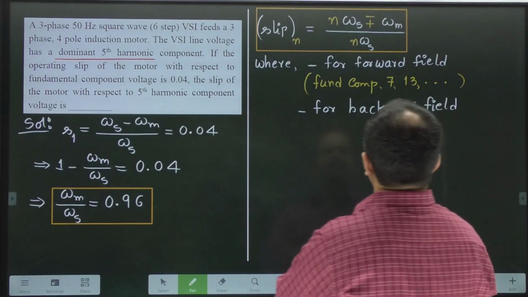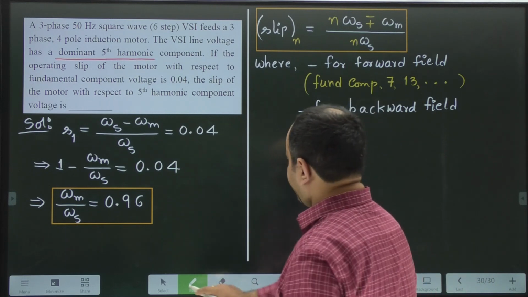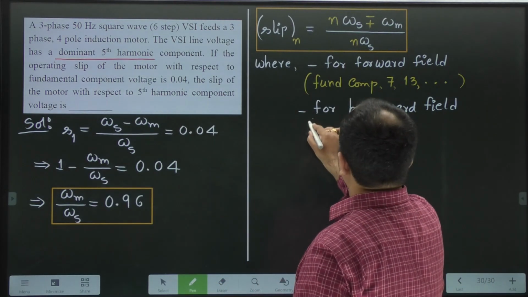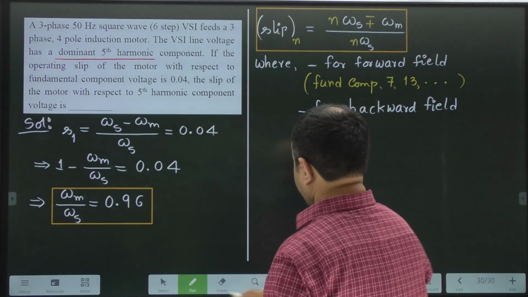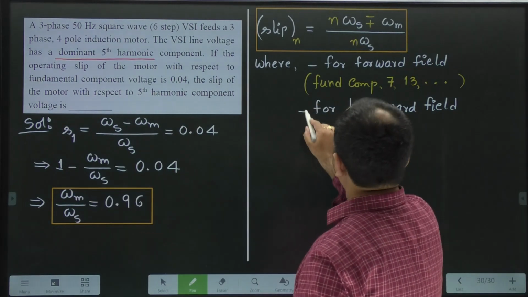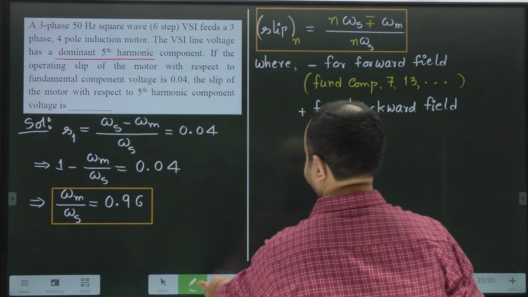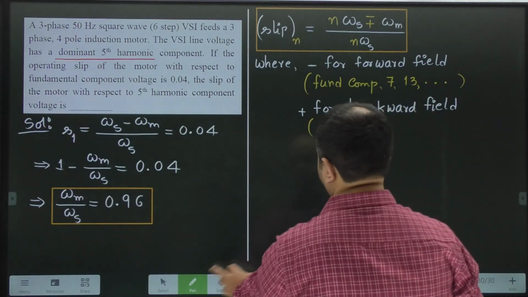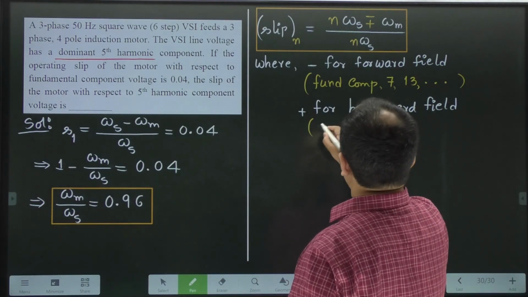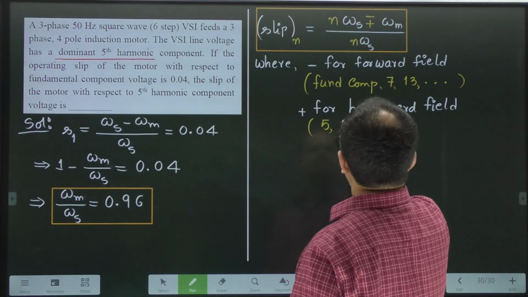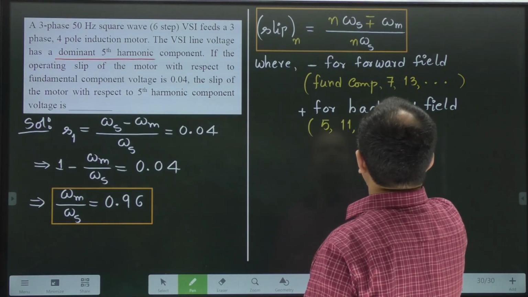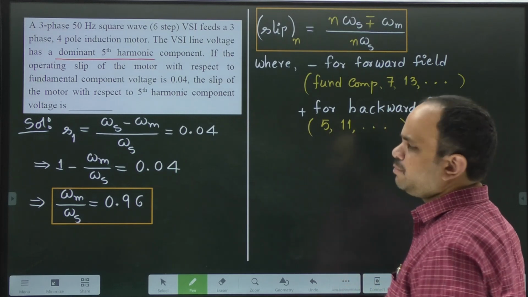So the components that will have this plus symbol, or backward field, are 6K minus 1 components: 5, 11 and so on. Triple-N harmonics are absent.